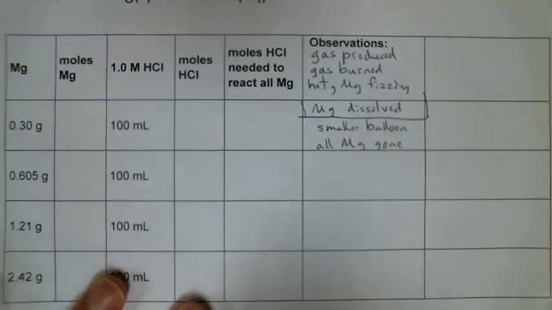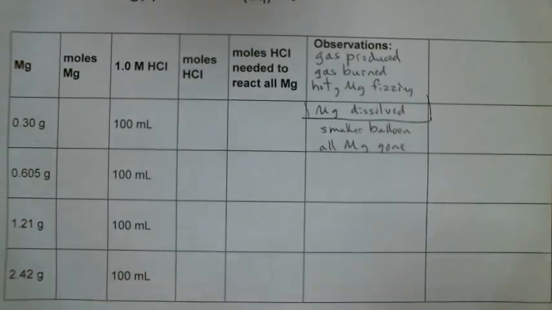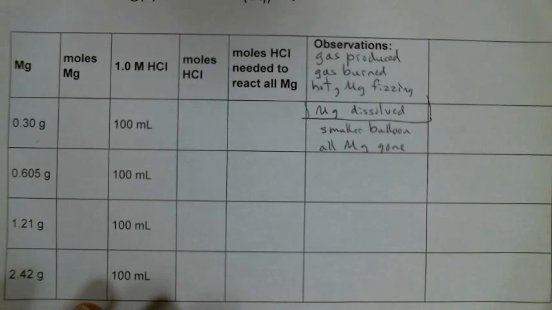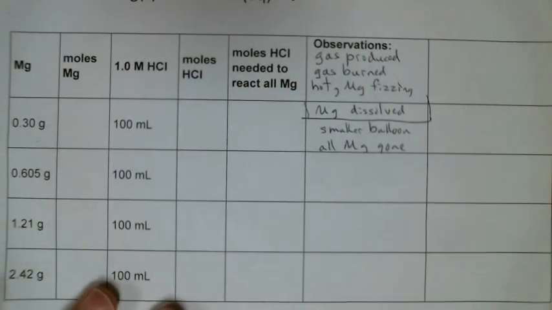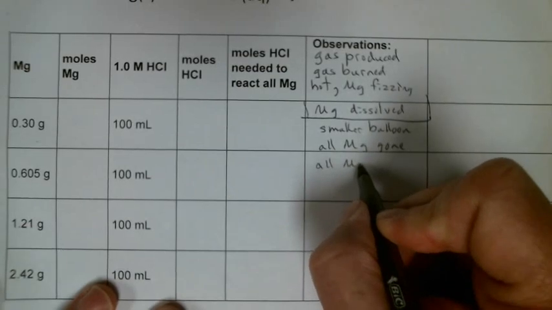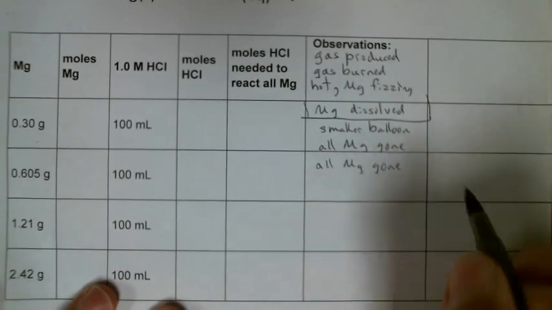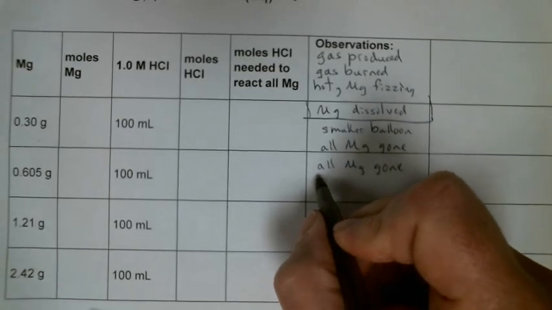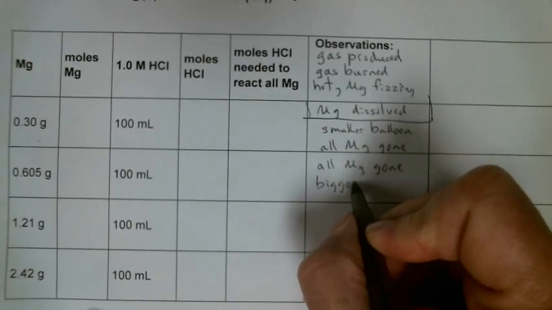All of the magnesium fizzed away and dissolved away. And then in the second one, I don't know if I let it go long enough for you to see this, but for that one, also all the magnesium reacted. All of the magnesium dissolved and reacted. But the balloon was bigger than the first one.